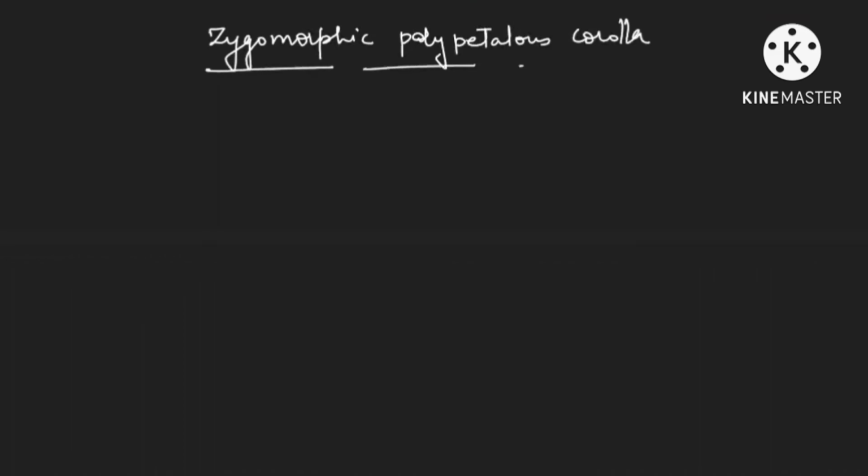See, next is your zygomorphic polypetalous corolla. Zygomorphic and polypetalous condition. In this, there is an example with respect to the pea plant, and that is known as papilionaceous corolla.